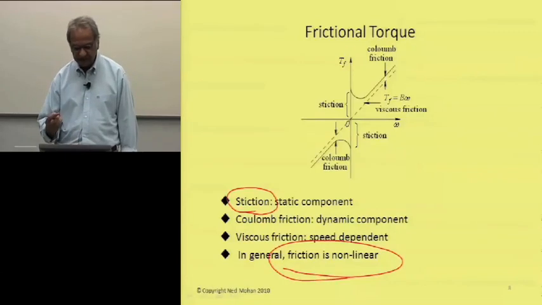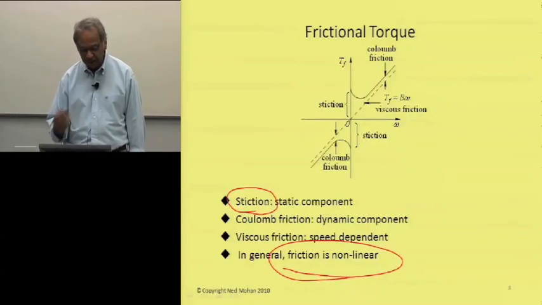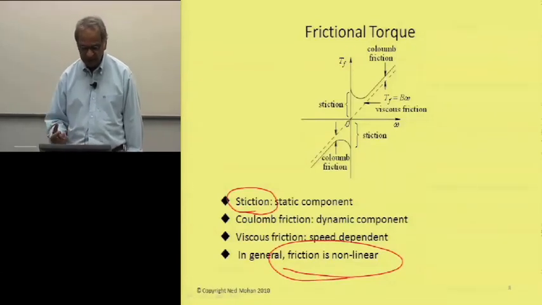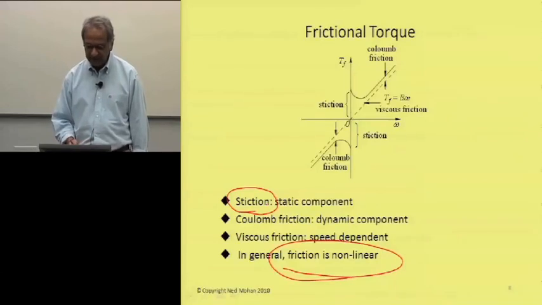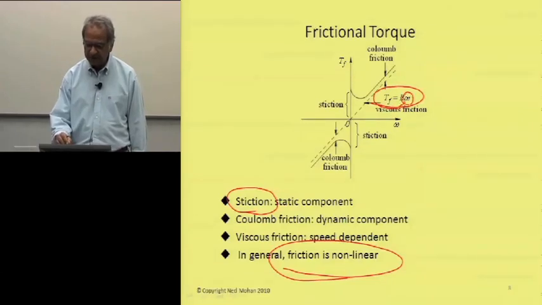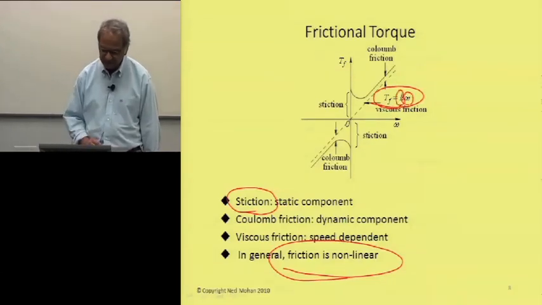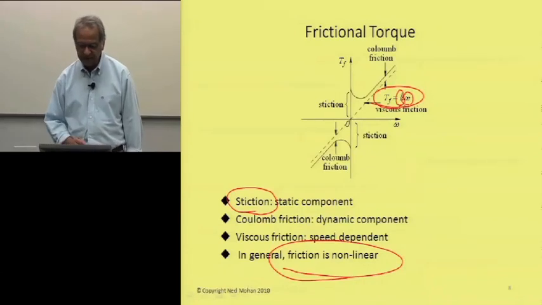There's some extra torque needed to get things rolling, and then there's a Coulomb friction, and there's a viscous friction, which is speed dependent. But in a simplified modeling, we can represent it by a linear straight line here. The friction torque is proportional to speed times this coefficient b, friction coefficient b here.